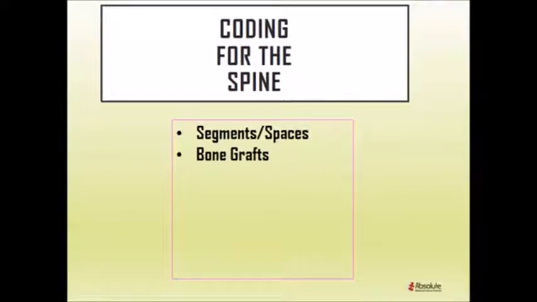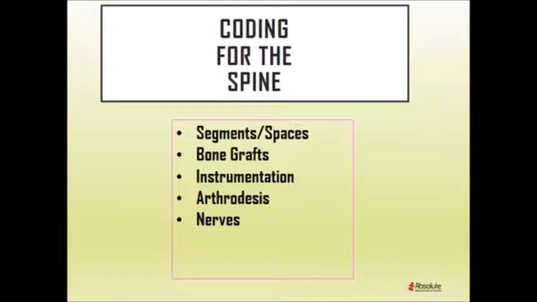If you need a graft to help stabilize the surgery site, you may have to code for bone grafts. And to further stabilize it, you will have to code for instrumentation, and that process is called arthrodesis. You'll have to code for that as well. And if nerves are involved, you're going to have to code for that and more.